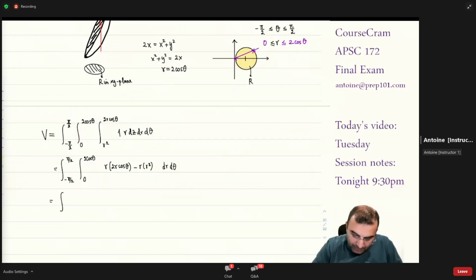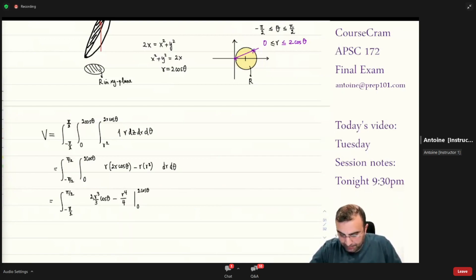When I integrate with respect to r, that gives me 2r cubed over 3 cos theta minus r to the 4 over 4, from 0 to 2 cos theta.